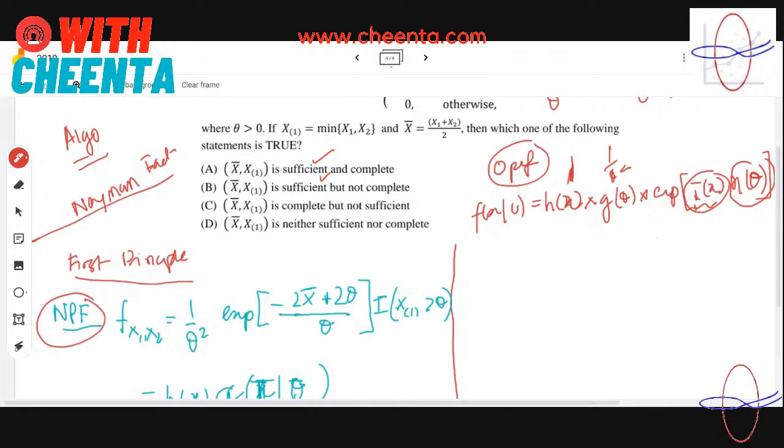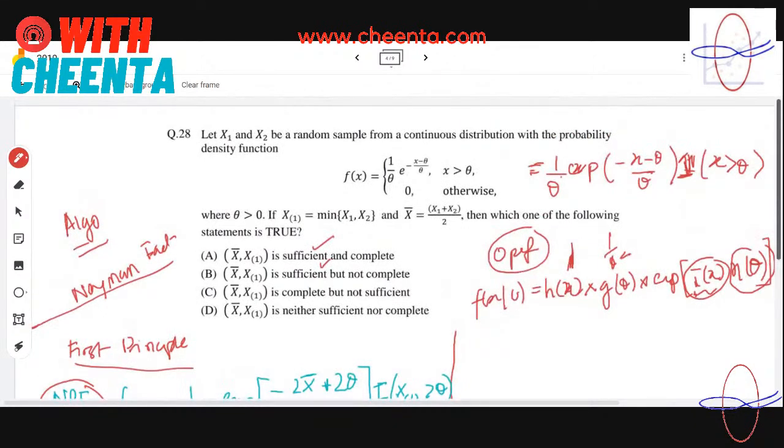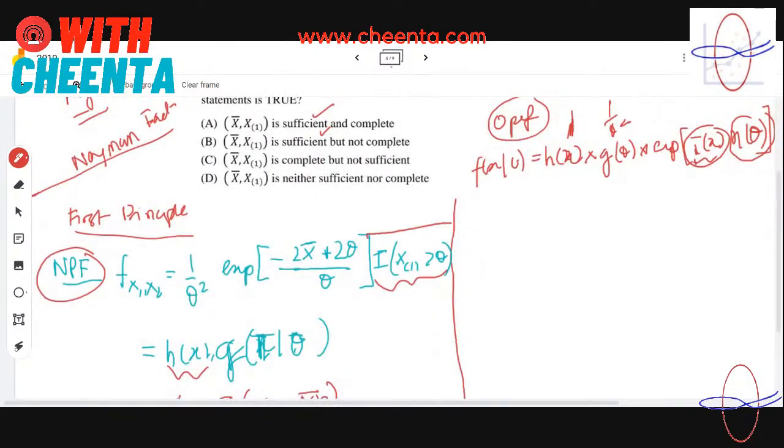This cannot be. Whenever there is an indicator random variable, you cannot really separate this, and it cannot be written in this product form.